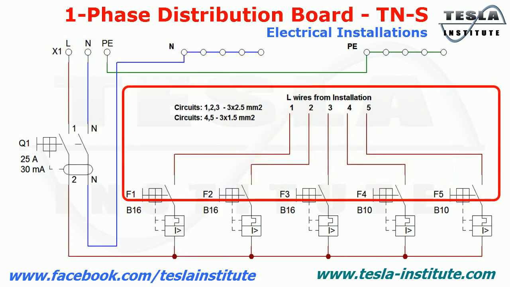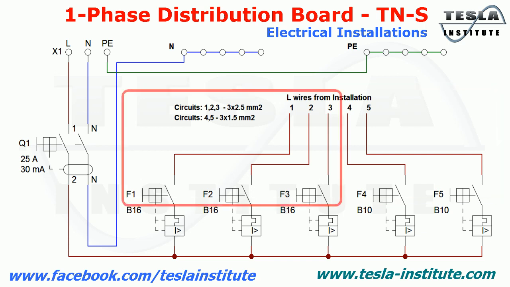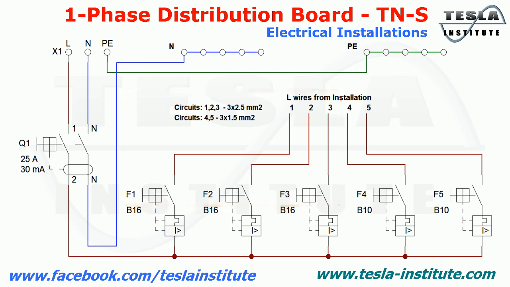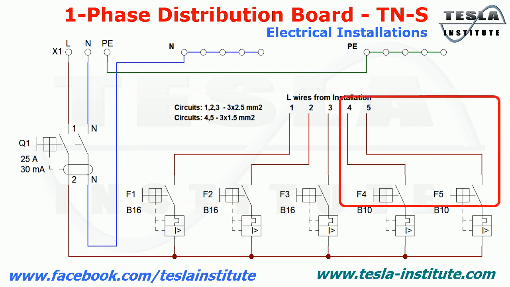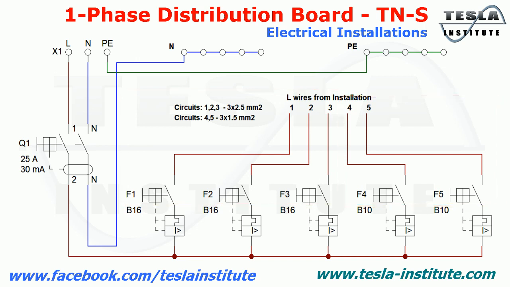The other sides of the circuit breakers are connected to the wires of the electrical installation circuits. To the circuit breakers F1 to F3 the sockets circuits are connected, and to the circuit breakers F4 and F5 the lighting circuits are connected.